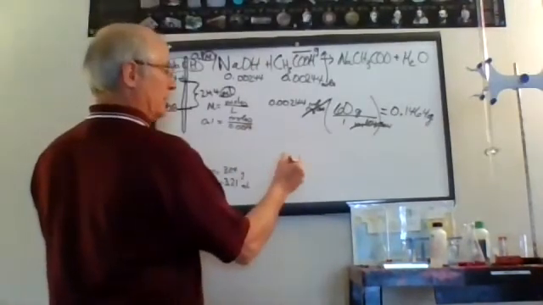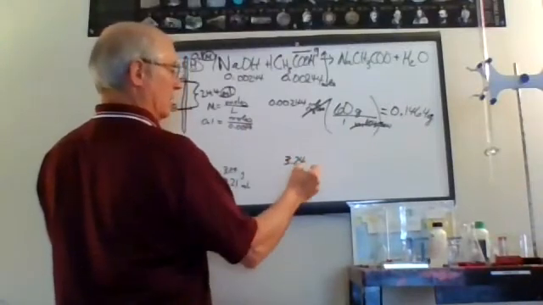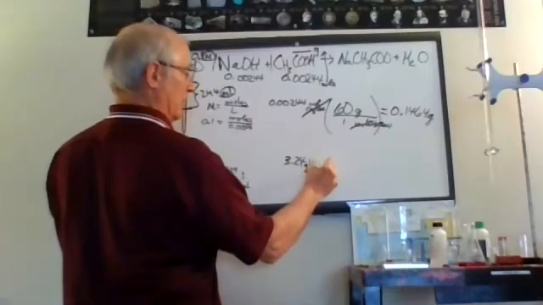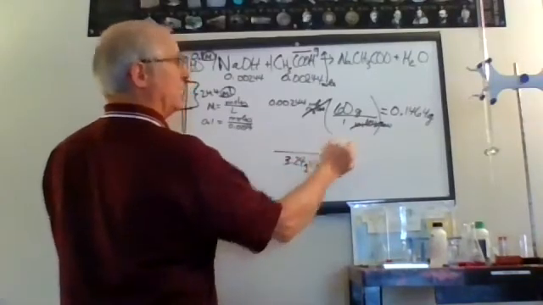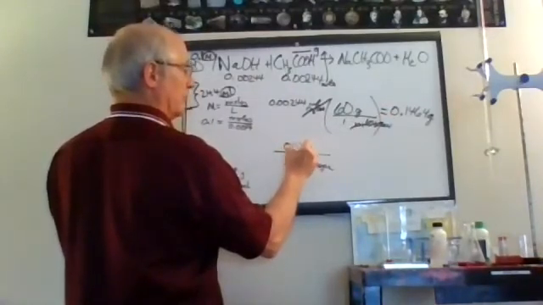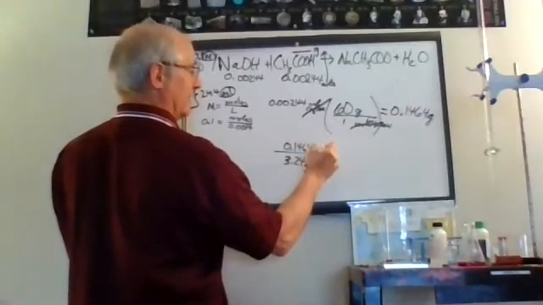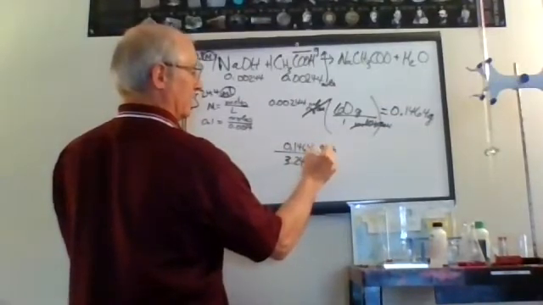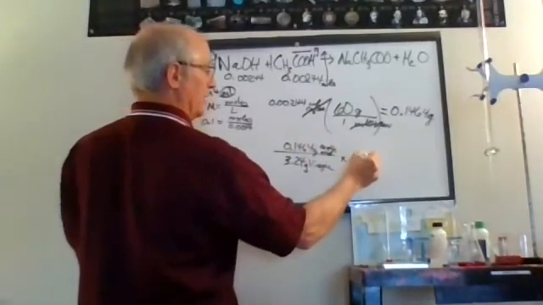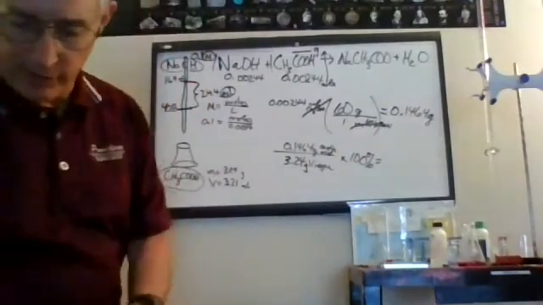So out of 3.24 grams of vinegar, I had 0.1464 grams of acid. Now multiply that times 100%, and you'll find out what percent.